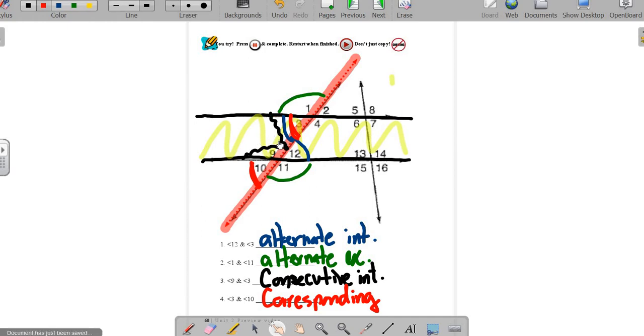That's consecutive interior, also known as same side interior. And 3 and 10, one's in, one's out, same side, that's corresponding. Now you need to know these names apply even if the lines are not parallel.